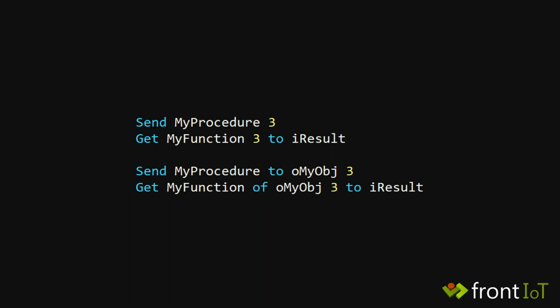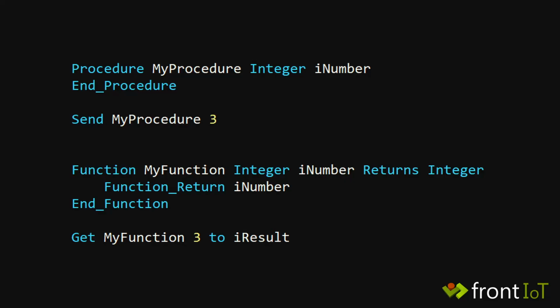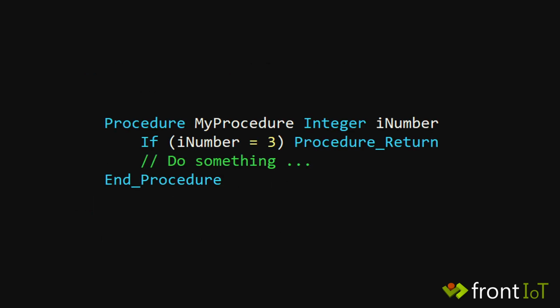If you read the documentation, it says a function is used whenever you require a return value, whereas procedures are useful for implementations of events. Though you do not get an error if you omit the function return command in a function, I would consider that a bad practice. There is also a procedure return command, but it is only used to break out of a procedure before you reach the end procedure.